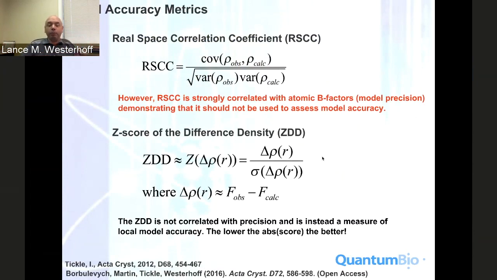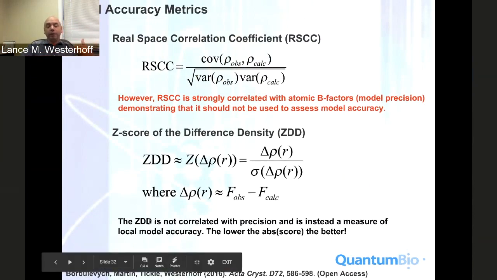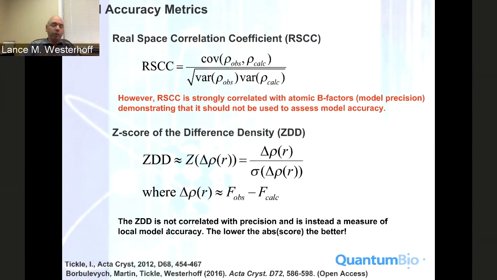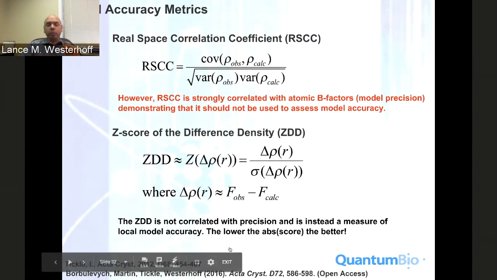We rewrote all of that methodology, and this is an approximate view, but it's basically the z-score of the difference density, or ZDD. What he has shown is that the ZDD is not correlated with precision, but is really a measure of the local model accuracy. You can do this with a particular atom, with an entire residue or ligand, or with the entire protein if you like. As we go forward, it's important to remember that the lower the score, the better is the key.